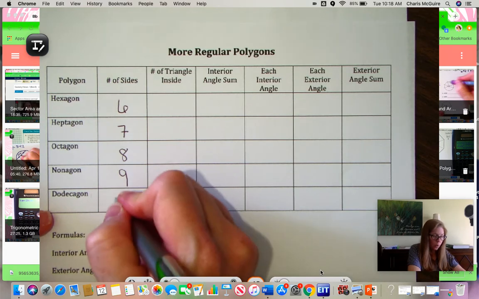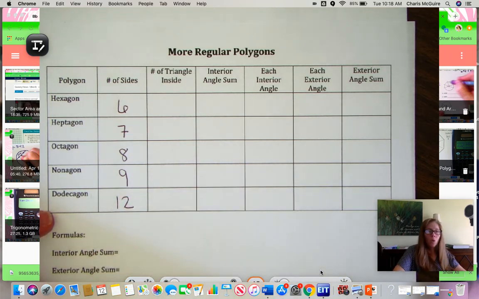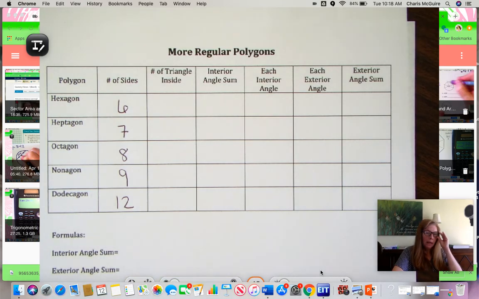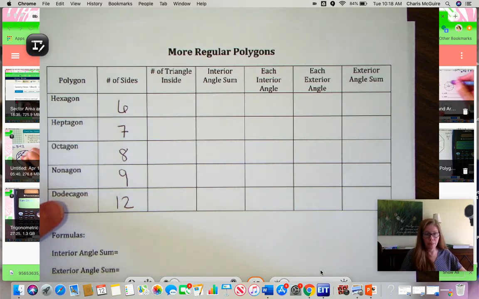This is 12 sides. We don't have a special name for an 11-sided polygon, and then anything above 12 is just its number hyphen gon. So if you had a 102-sided figure, it would be 102-gon, all right? But you do need to know the names of your polygons because that will show up on your quiz.